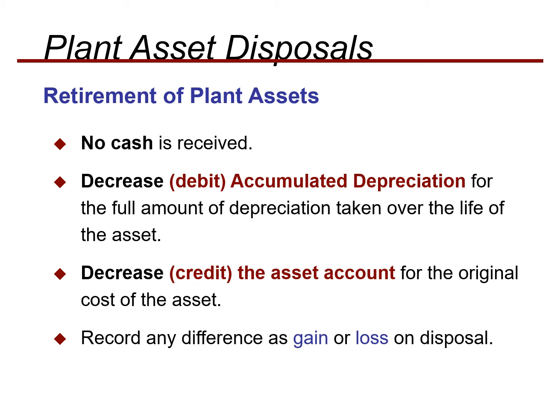After that we credit the asset account for the original cost of that asset, and record any difference as gain or loss on disposal. And we'll see whether accumulated depreciation is more or the asset account has more. Based upon that we see whether we have a gain or loss on disposal.